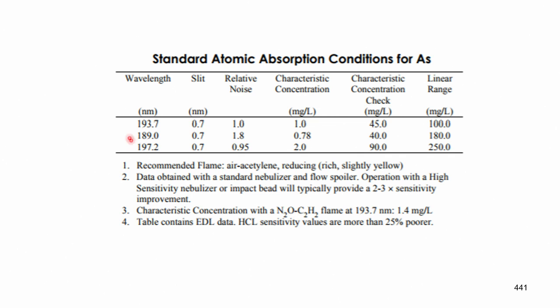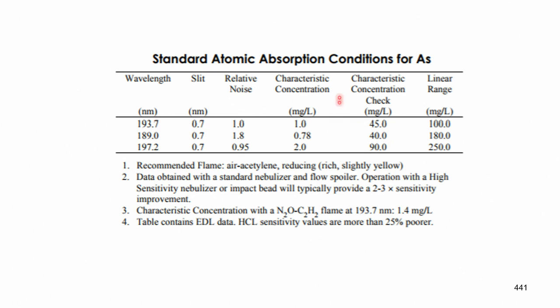So, for any element which has a resonance wavelength below 200, you must go for EDL, that is electrodeless discharge lamp. Okay. So, characteristic concentration also seems to be quite high, that is 45, etc.